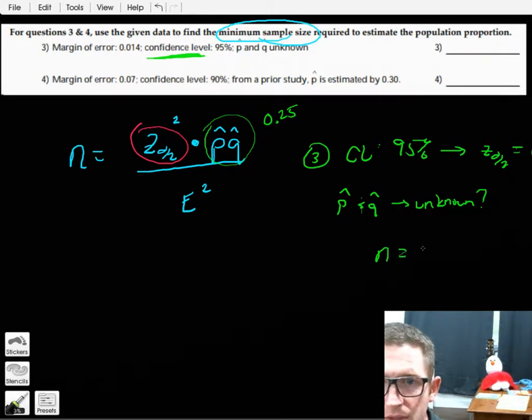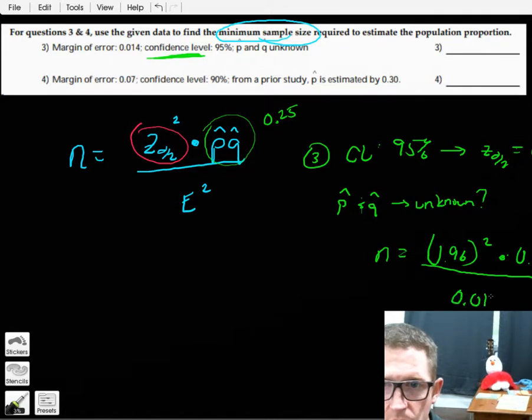So my minimum sample size for estimating a population proportion would be z alpha over 2, which is 1.96 squared, times 0.25, all divided by margin of error squared, which you're given as 0.014, and then you want to square that.